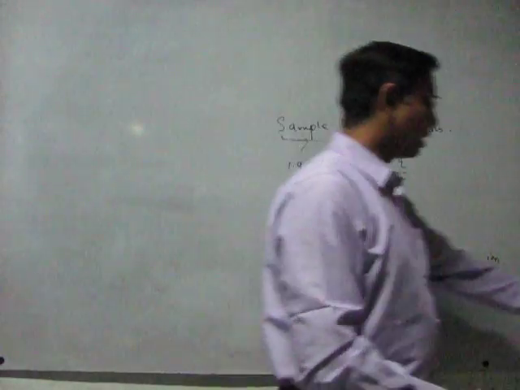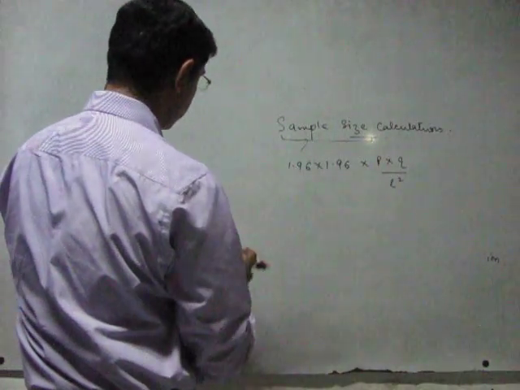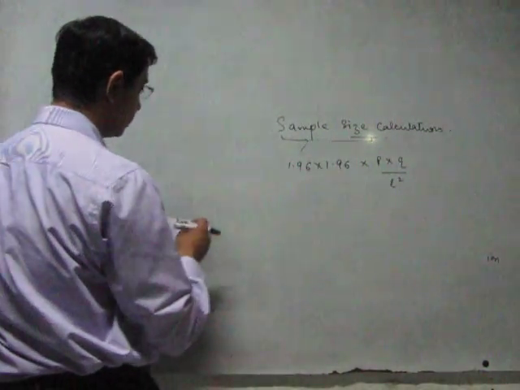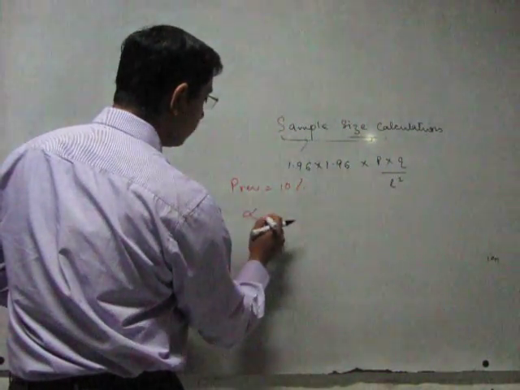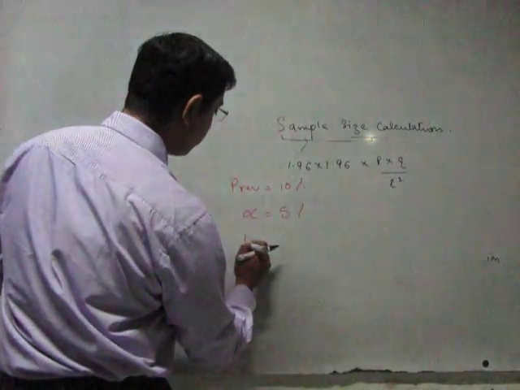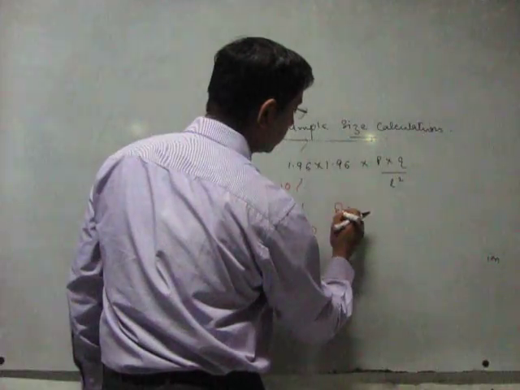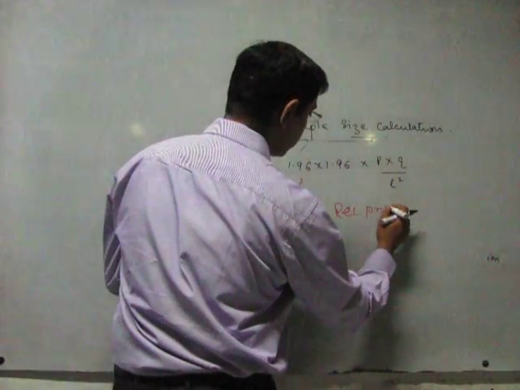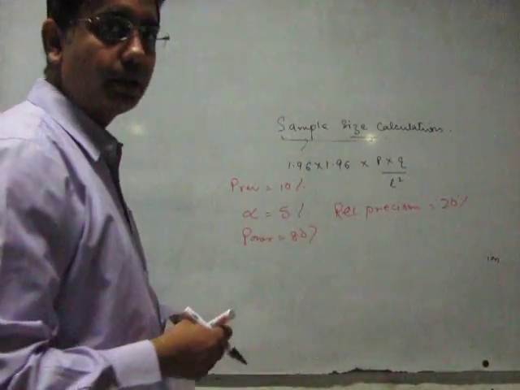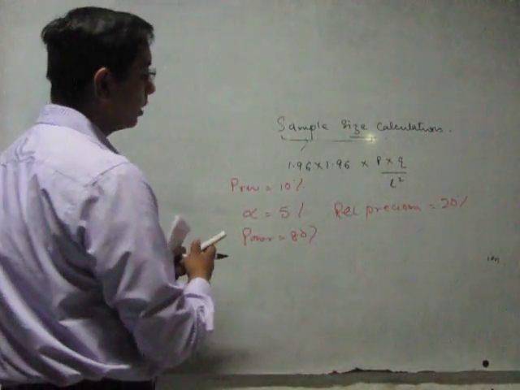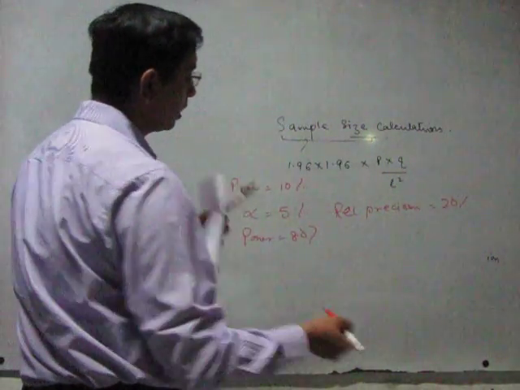The MCQ which was asked in our exam today was that the prevalence of a disease is 10%, the alpha error is 5%, the power is given as 80%, and the relative precision was given as 20%. I just need to simply substitute it all over here. The relative precision is given, the prevalence is given, that is all that we need.